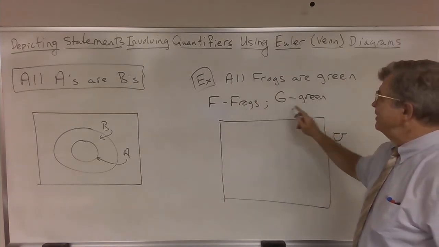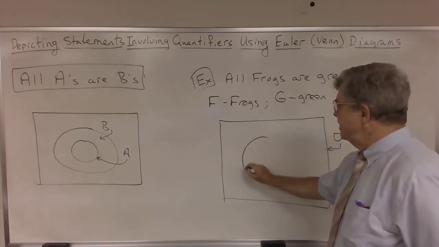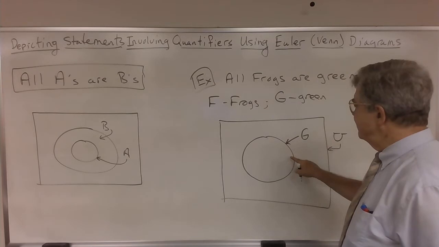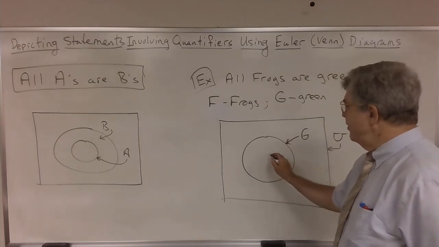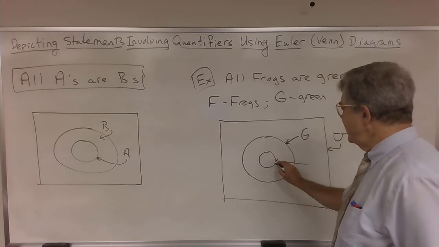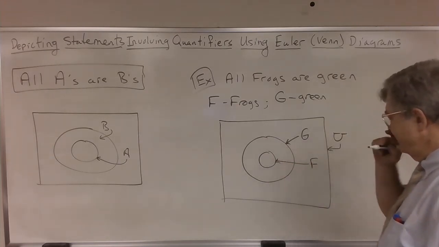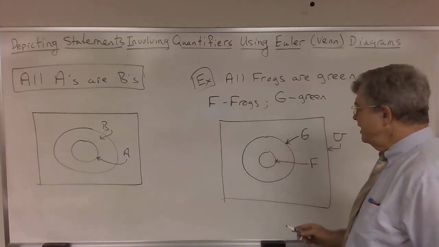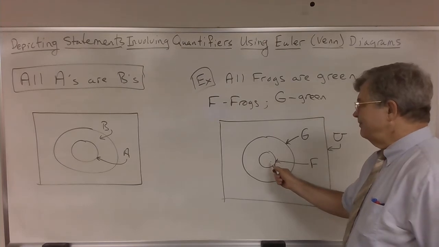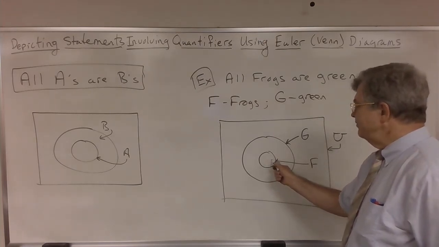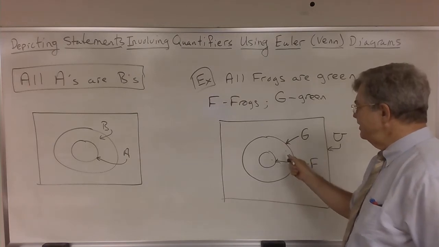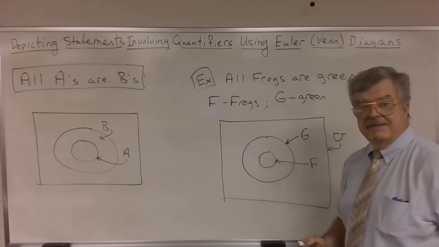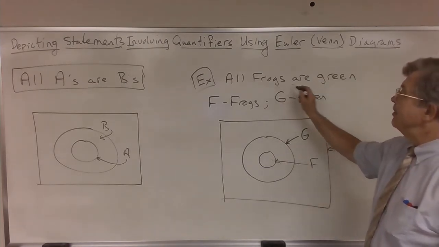So all frogs have to be contained in the green circle. Here's our green circle, the things that are green, and all frogs have to be contained inside it. So anything in this circle is a frog, and any frog has to be in this circle, so it's also contained in the green circle. All frogs are contained in the green circle, so they're also green. So this is how we show that all frogs are green.